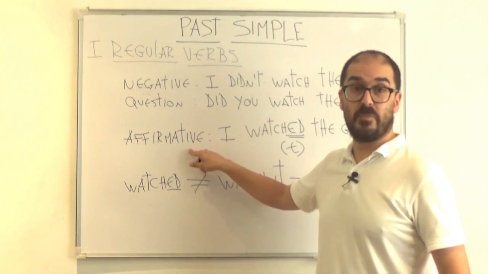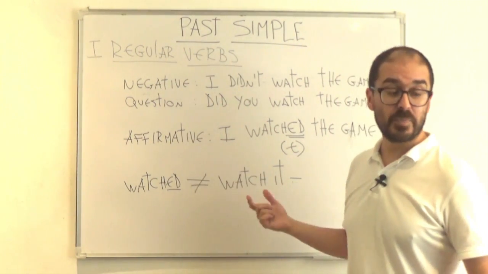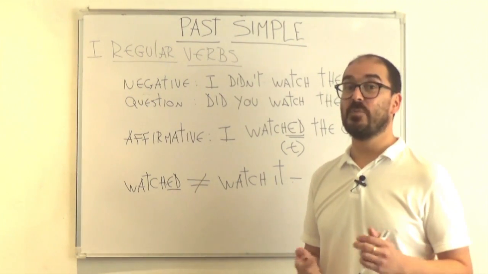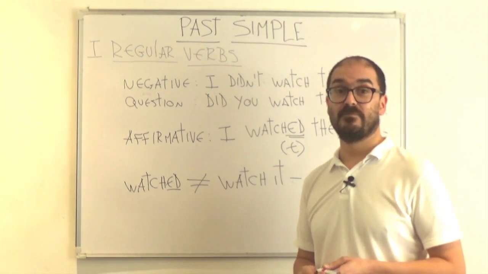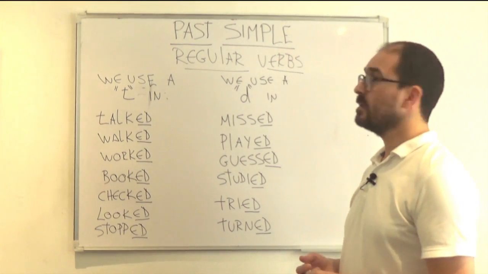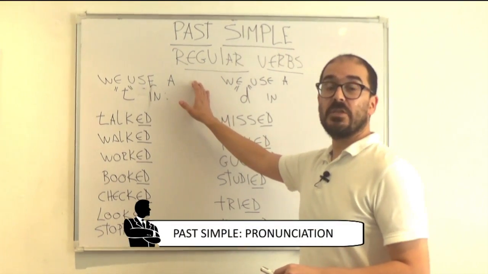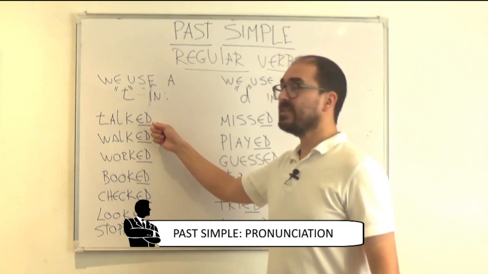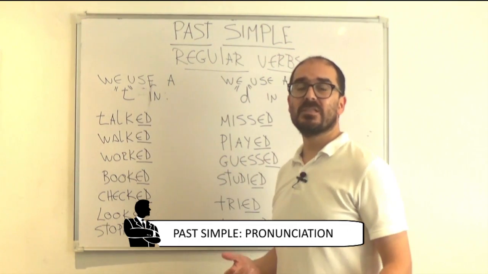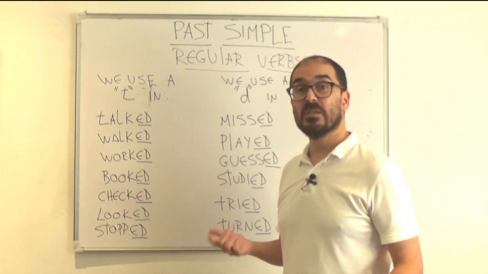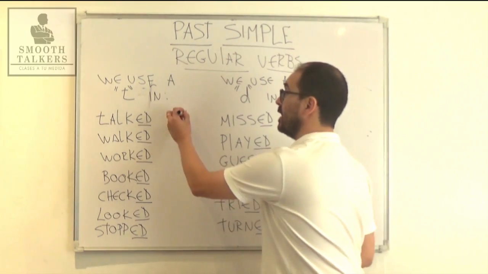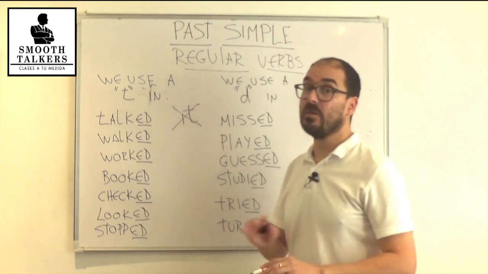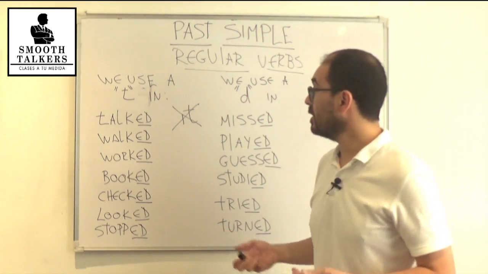Following up, I'm going to show you a small list of verbs so we can practice this pronunciation a little bit. This is our list to practice the pronunciation. As I mentioned before, when we see this suffix, we can't say it because it sounds very close to it. And this is what we want to avoid at all costs because it's confusing.